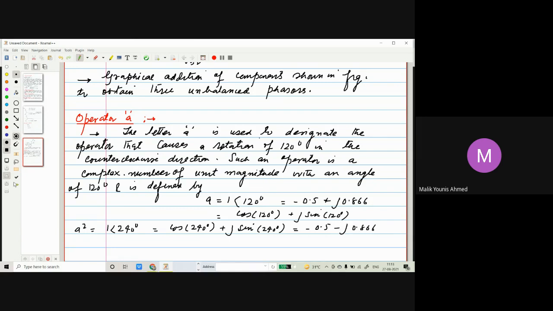So what is this, operator A having a unit magnitude with an angle of 120 degrees. So that's a unit magnitude here. You can see unit magnitude at an angle of 120.